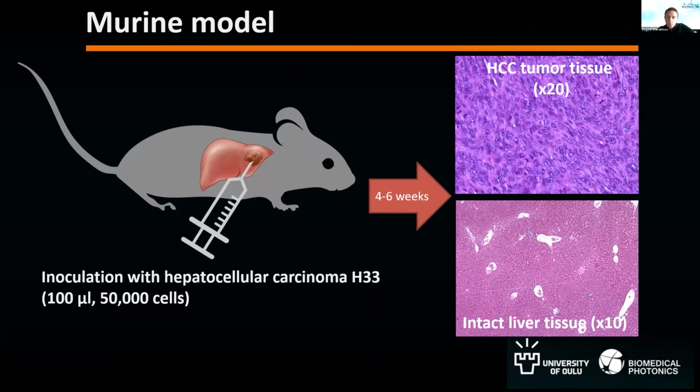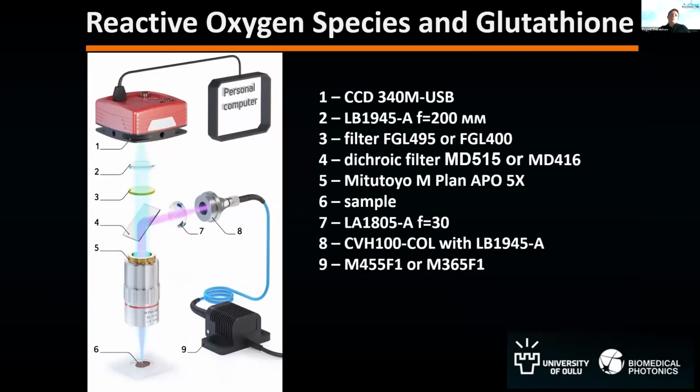So in one month, it's almost the third or fourth stage of cancer. In this study, we were interested in the balance between reactive oxygen species production and glutathione production for this specific type of cancer.